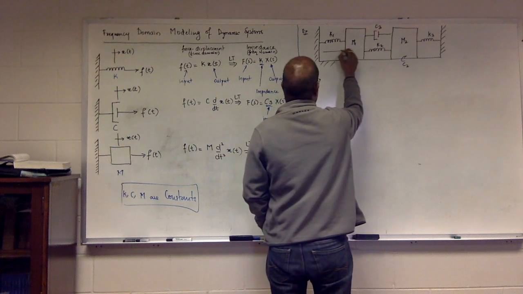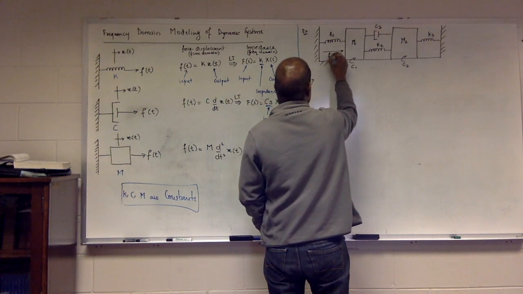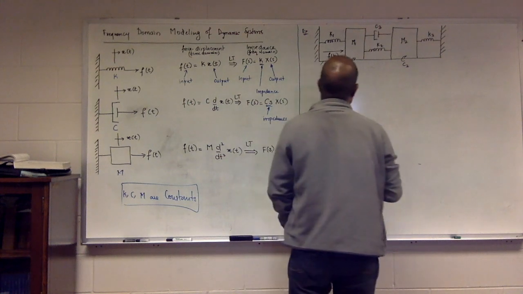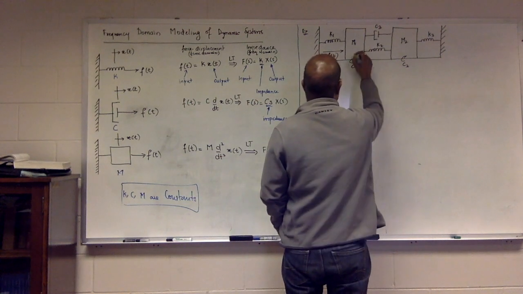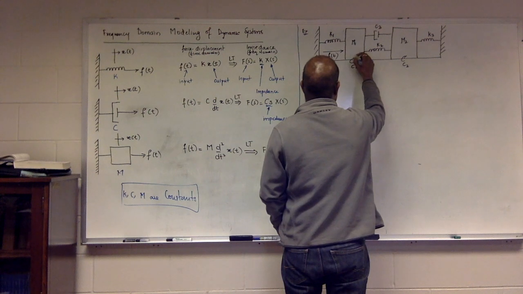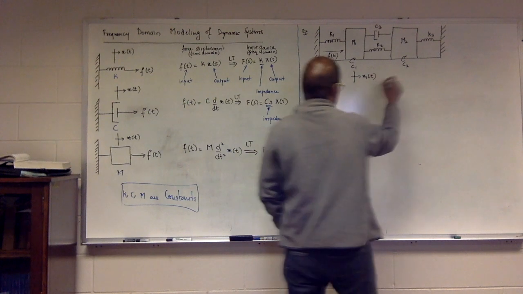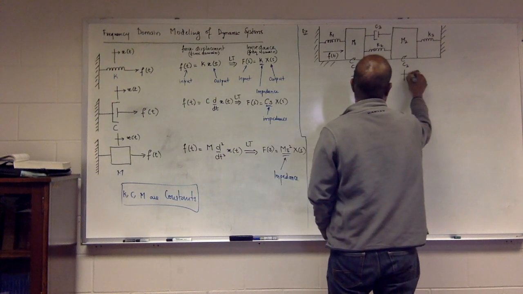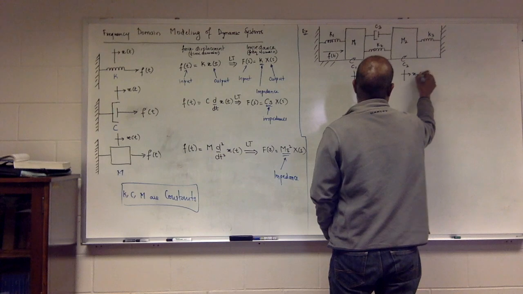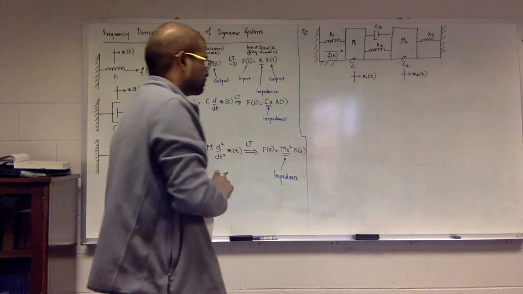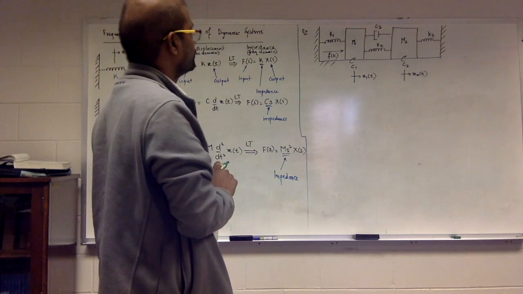There is a force applied here, f of t. What you're going to see is from this reference, this displacement will be x1 of t, and from this reference, this displacement will be x2 of t. You're with me?